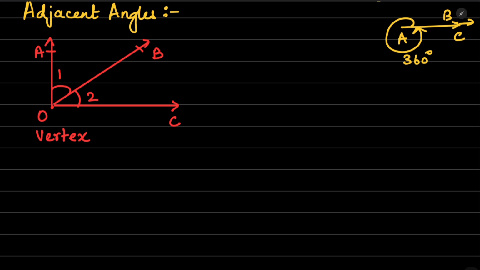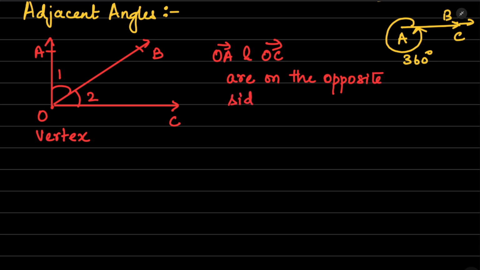So let me write this for you. In our figure, angle 1 and angle 2 can be called adjacent angles only if OA and OC are on the opposite sides of the common arm OB.